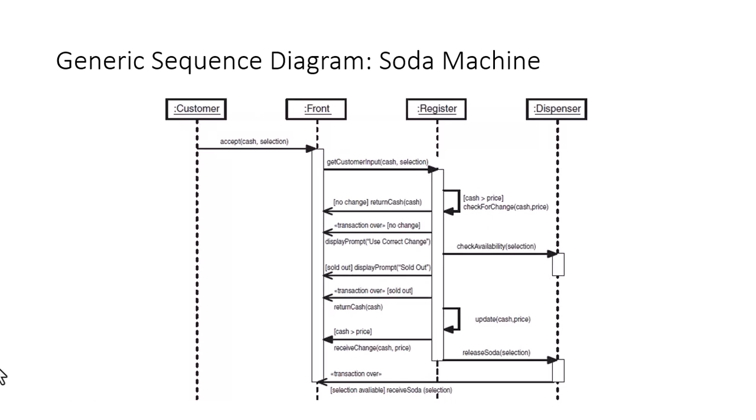This is the generic sequence diagram of the soda machine. Customer, front, register, dispenser: accept cash, get cash input, then self message if cash is greater than price. For example, if the price of the drink is $1 and you have input $2, yes, this is okay.